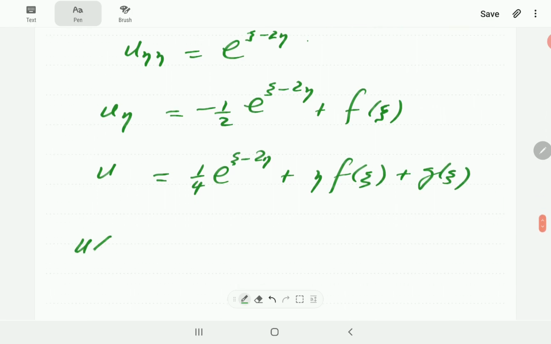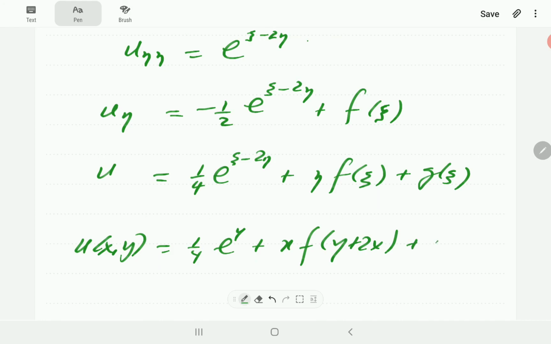Then in terms of the original variables, xi minus 2 eta is just y. So then here eta this time is x, f of y plus 2x, g of y plus 2x, where f and g are arbitrary functions.